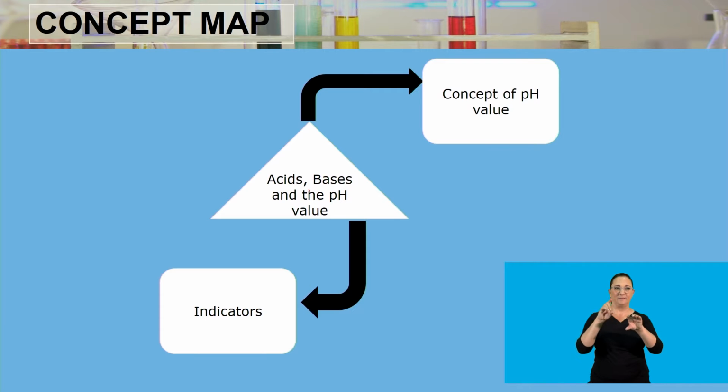Our main idea is acids, bases, and the pH value. Within that, we're going to start by looking at the concept of the pH value. What is it and what does it do for us? And then also we're going to be looking at indicators, and they are all related to the acids, bases, and the pH value.